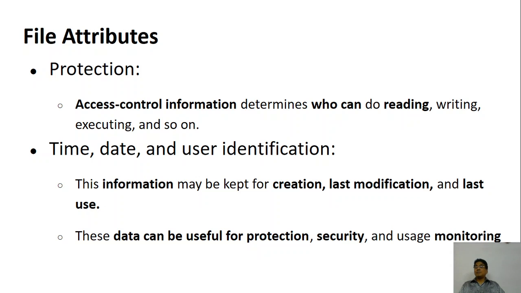Next is the date and time at which the file was created, the date and time at which the file was last modified, and the date and time at which the file was last accessed. All this information is there for security reasons, so that we know who has accessed them. So user identification is a part of it.